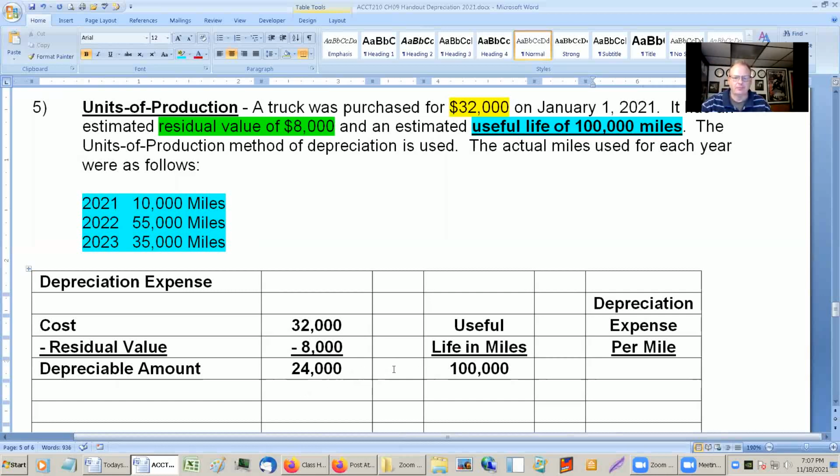It came out to 0.416? No, wait a minute, it's divided the other way around. 24,000, these are the dollars. These are dollars.